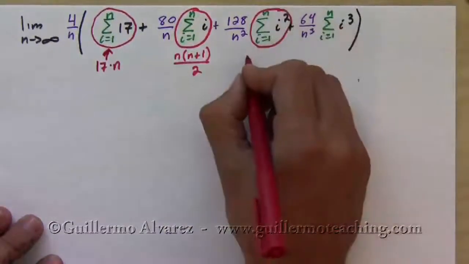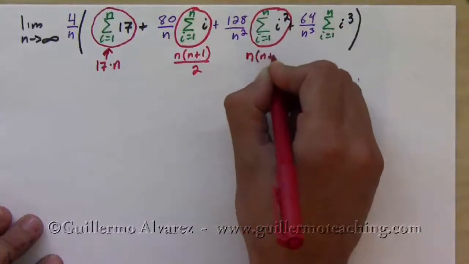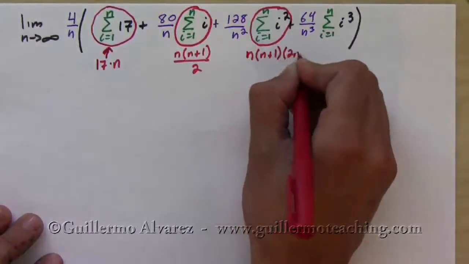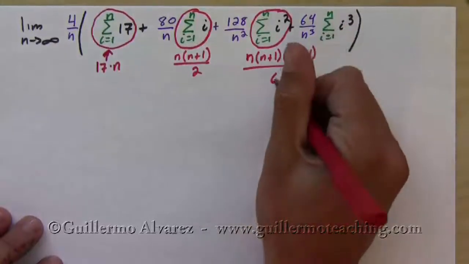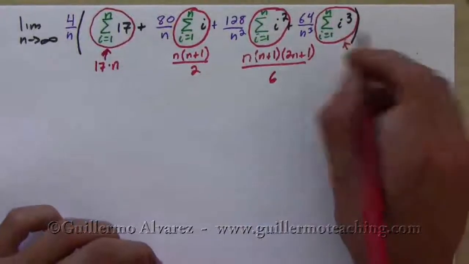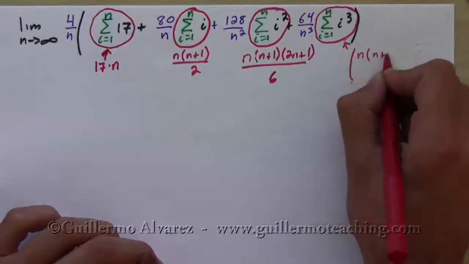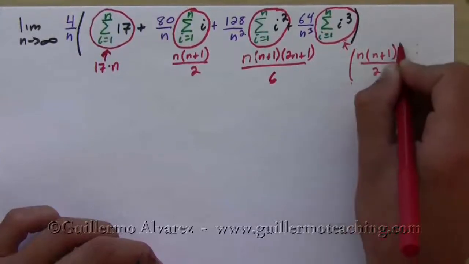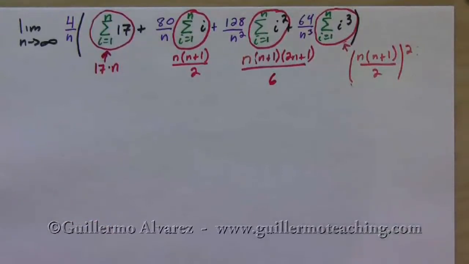This one is n times n plus 1 times 2n plus 1 over 6. And this one is n times n plus 1 over 2, the whole thing squared.